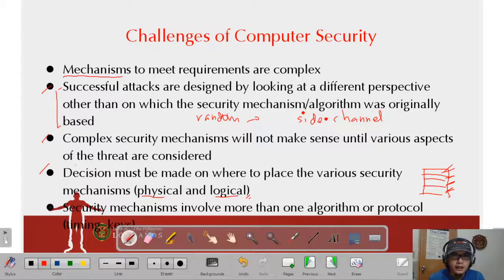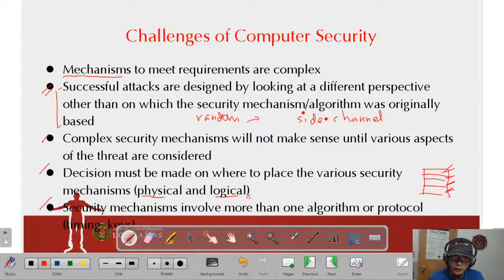Then the next challenge is security mechanisms involve more than one algorithm or protocol. This is in relation to challenge number 2.